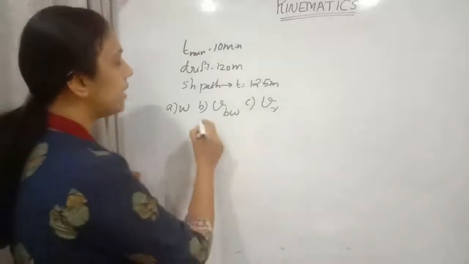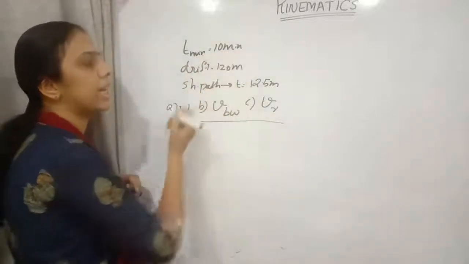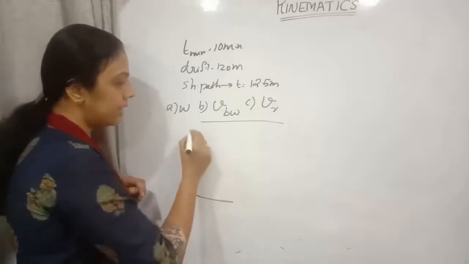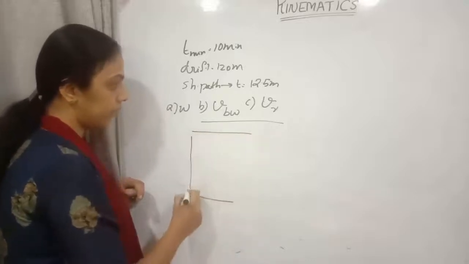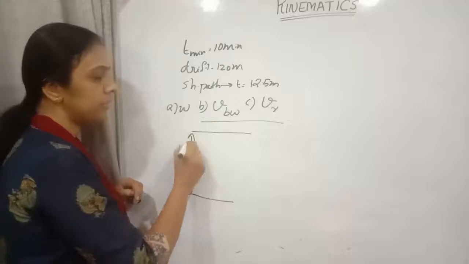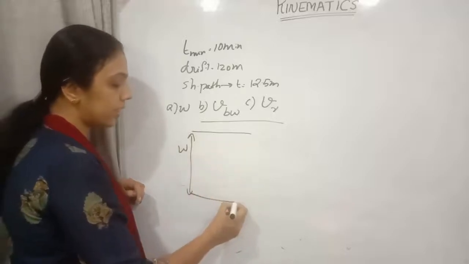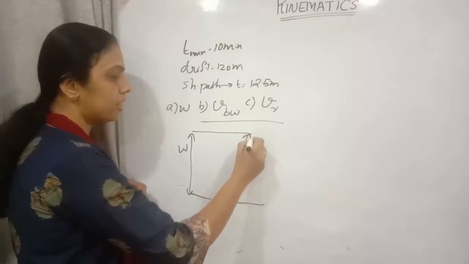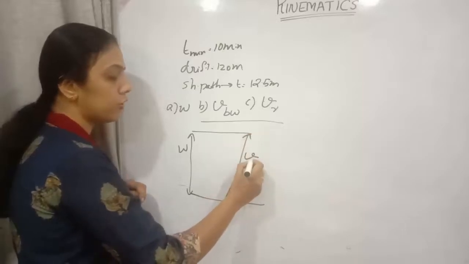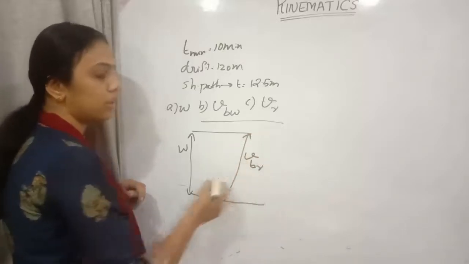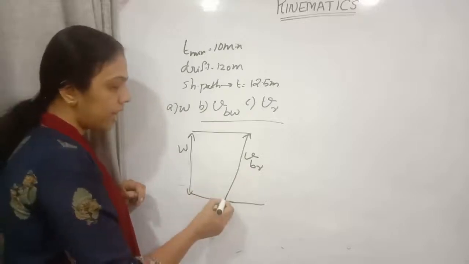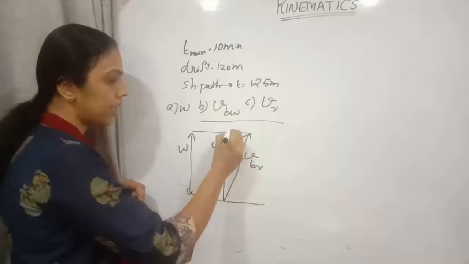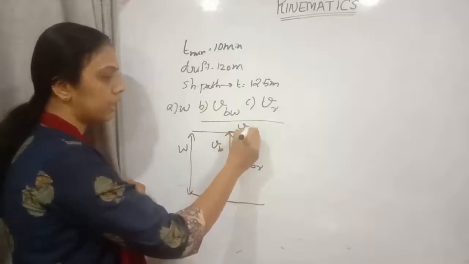Here in this question it is minimum time. Minimum time means, if this is the width of the river and he is crossing like this, this should be the relative velocity of the boat with respect to the river, this will be the velocity of the boat, and this should be the velocity of the river.